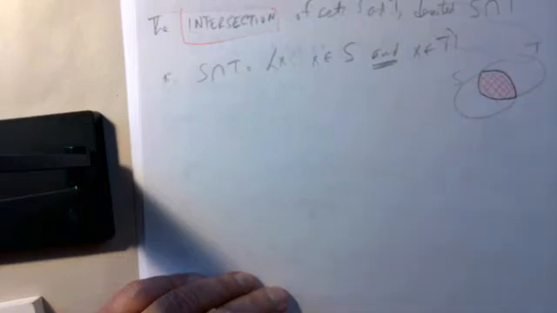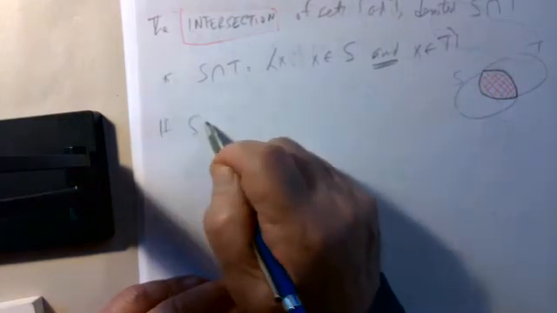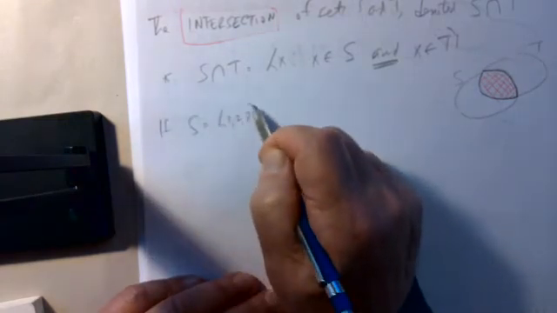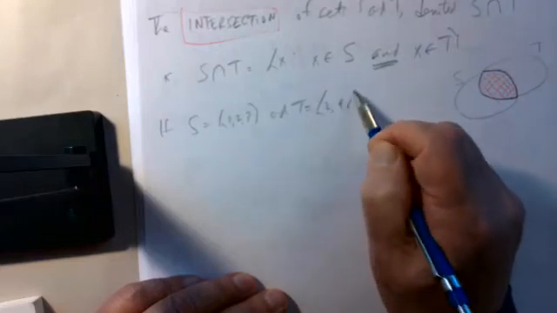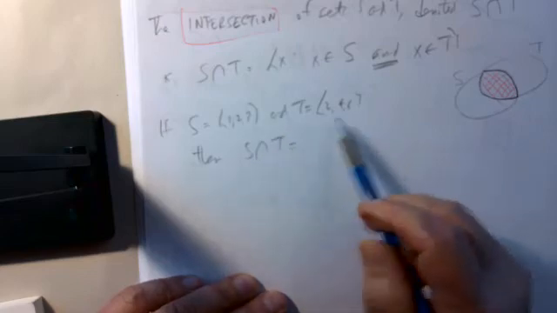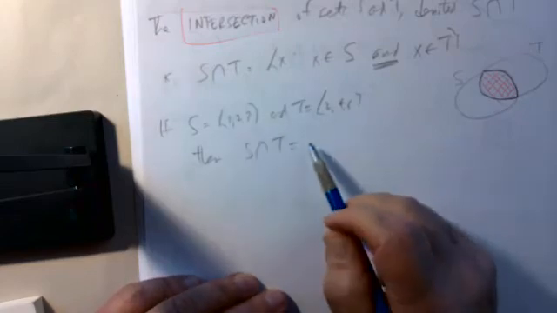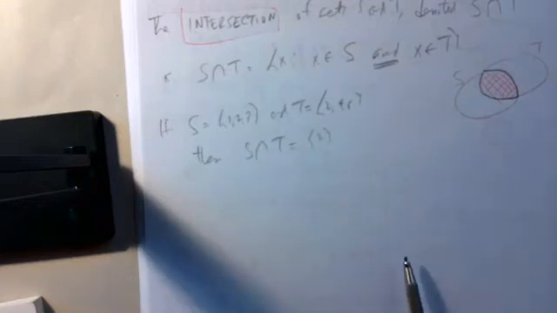So that's S intersect T. For example, if S is 1, 2, 3, and T is 2, 4, 6, then the only element that's in both sets is 2. So the intersection of these two sets is the set that contains just one element.